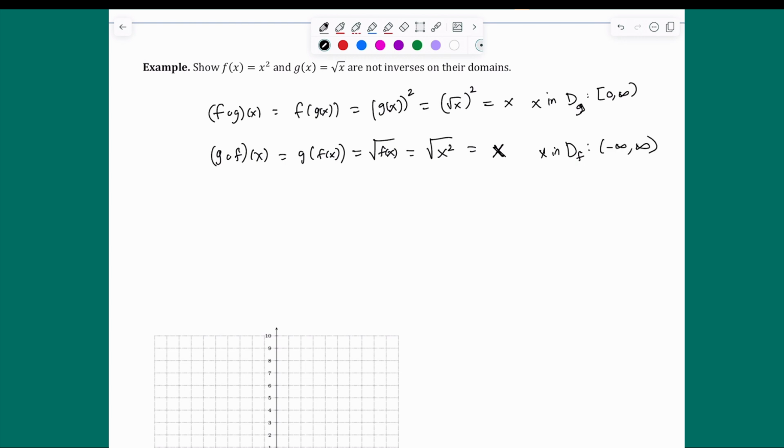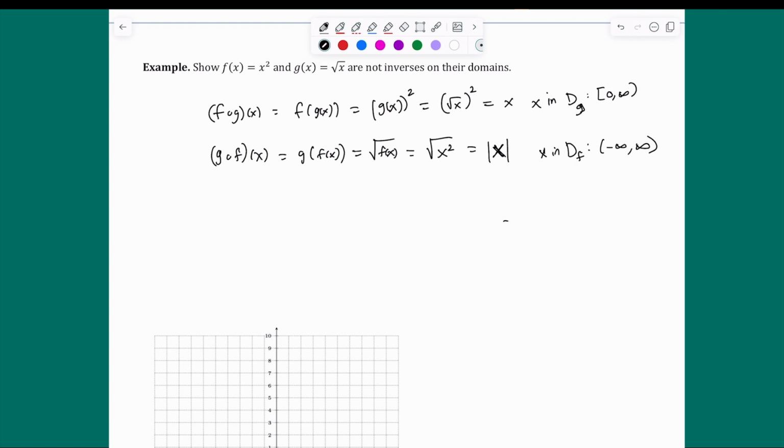So x could be negative, and we know the output of a square root is always positive. So that's not true there. To make it a true statement, we could put the absolute value around x.